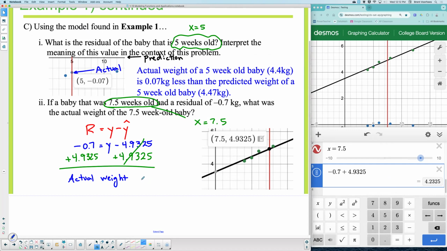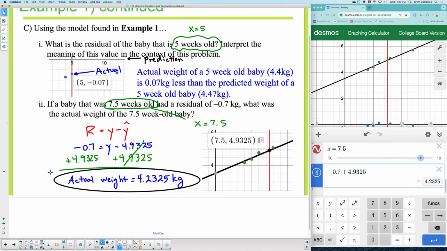The actual weight would equal 4.2325 kilograms. I'm just going to write all four decimals. So that is using regressions.